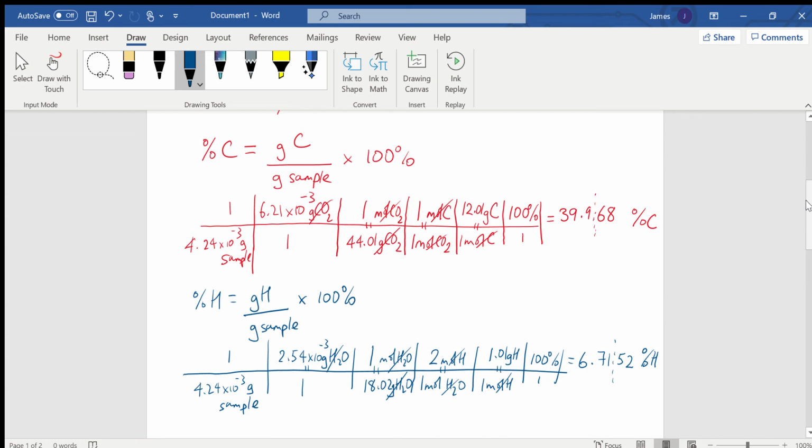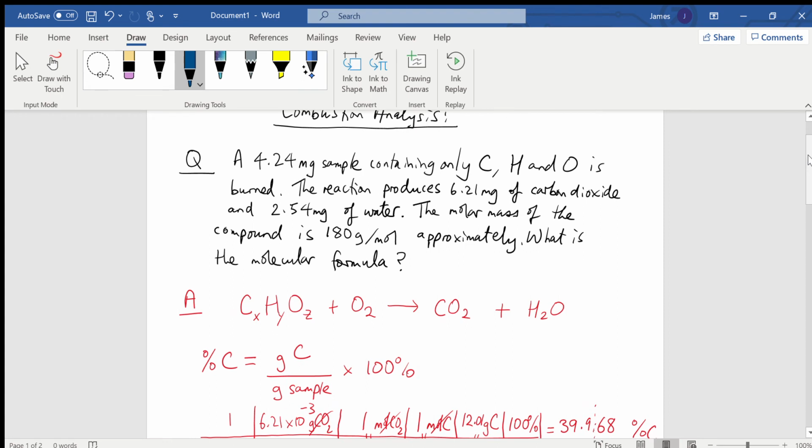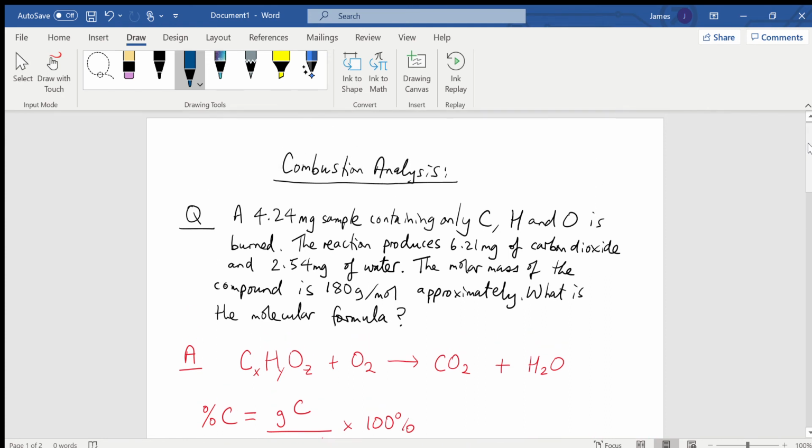Okay, so I've done all I can. I've got the percentage carbon, the percentage hydrogen. There's a problem with the percentage oxygen, and this is what makes combustion analysis the big sister of empirical formula type questions. I don't know how much oxygen I have because I have 2 sources, right?